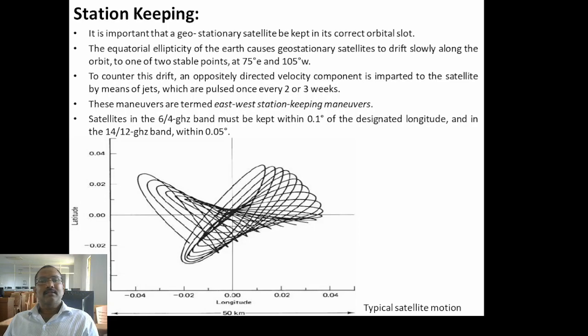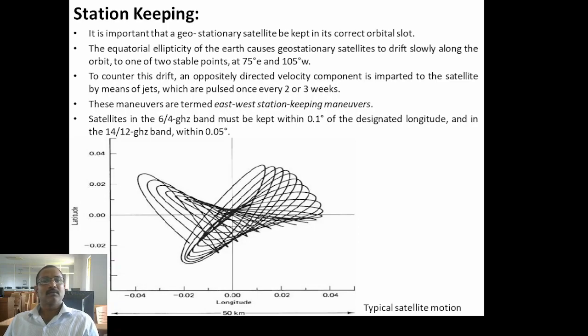The satellites in the 6/4 gigahertz band must be kept within 0.1 degree of the designated longitude, and in the 14/12 gigahertz band within 0.05 degree of longitude. So this is the limit.